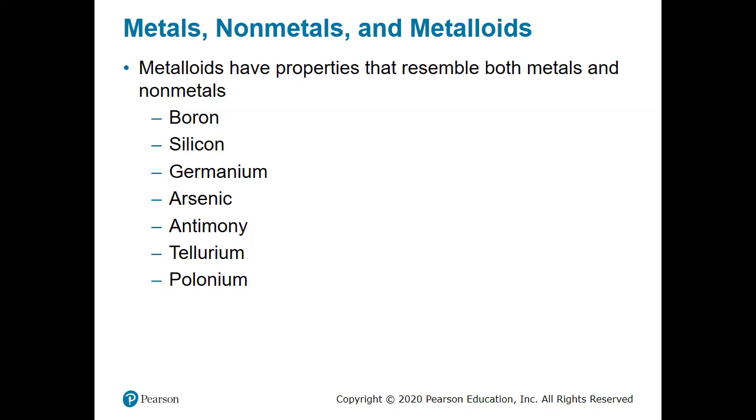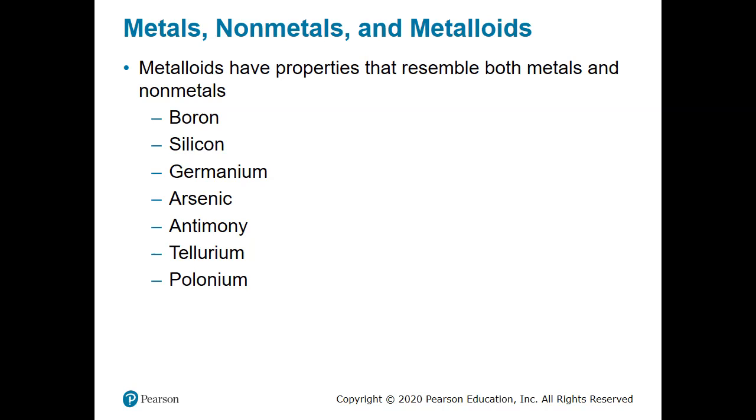Now, to be completely honest with you, most of their properties are more non-metallic than metallic, which is why I put them on the first list. But there are some aspects of them that are metallic in nature, at least in some part.